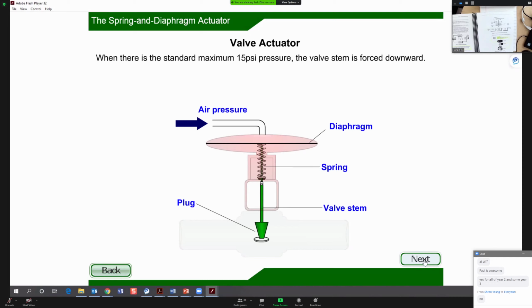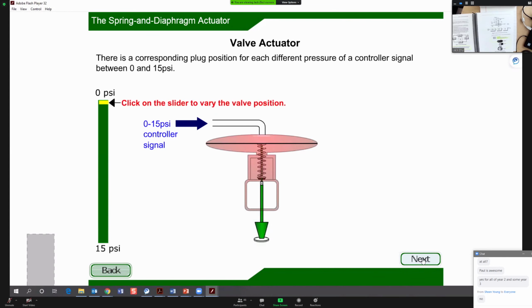Usually we're talking about 3 to 15 psi as the standard pressure, right? So 15 is the maximum pressure. If you have 15 psi, the diaphragm has to push down against the spring, so your plug is gonna be closed. The pressure controls the position.